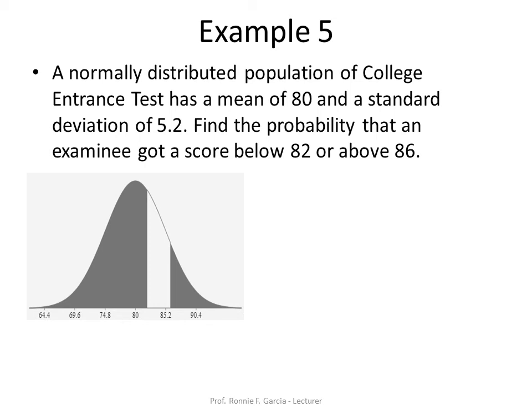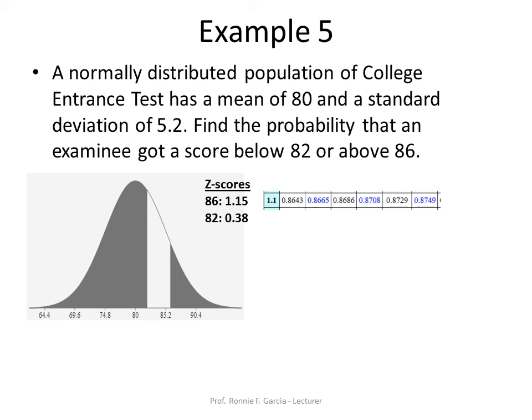So how do we get this one? This is a bit tricky. If this is the problem, this is what you do. Again, you have to get the z-scores. You have to standardize 86 and 82, and we have already solved these numbers a while ago. 86 is 1.15 and 82 has 0.38 as the z-scores. And we have already located that in our table.